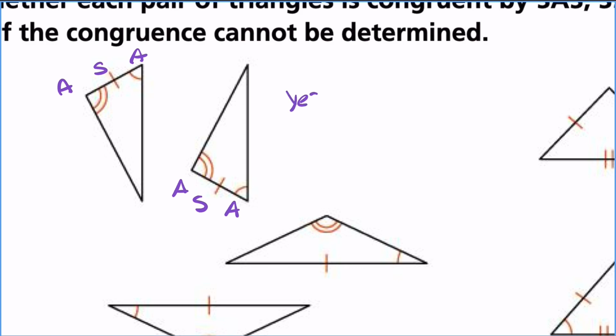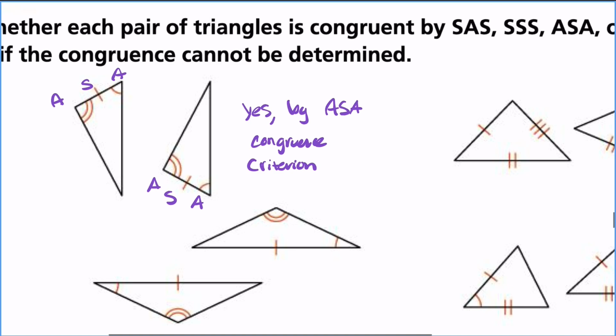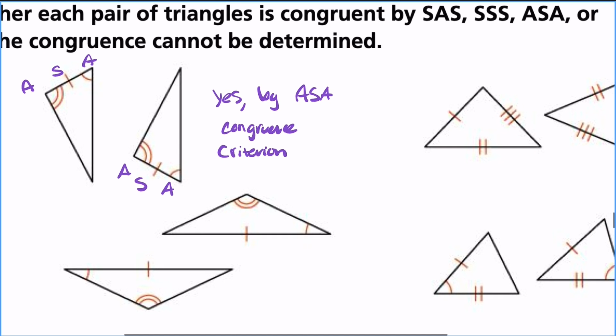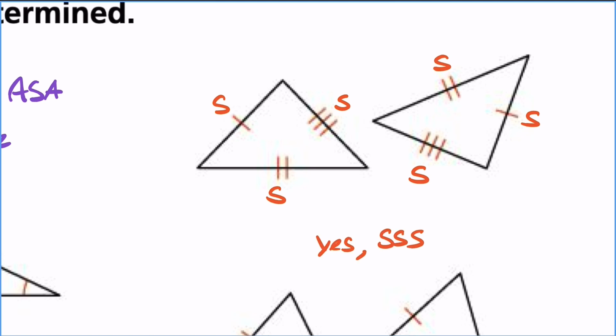So it's yes by angle, side, angle congruence criterion. In an effort to save time, I'm not going to keep writing the words congruence criterion. I'll just write the abbreviation. And this next one, it's looking pretty good with side, side, side. So we'll say yes, side, side, side.